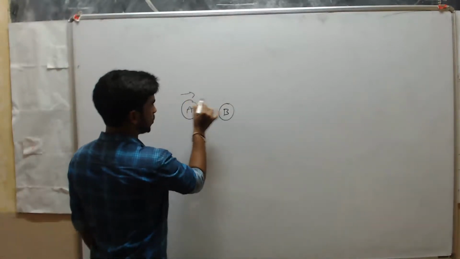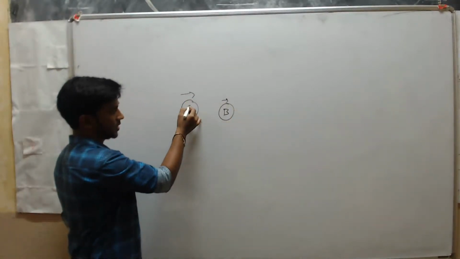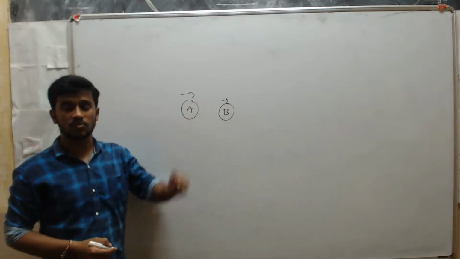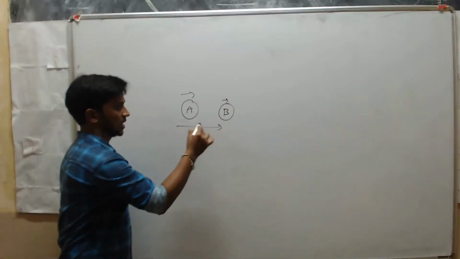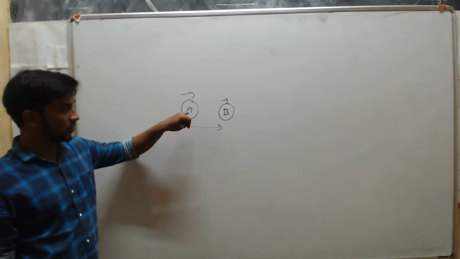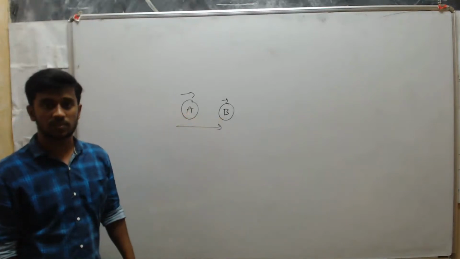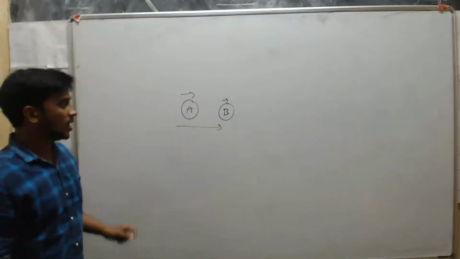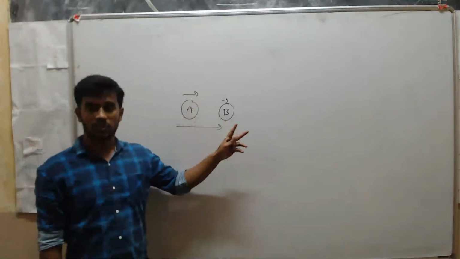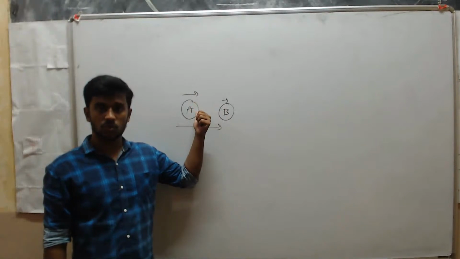Just imagine both are moving in a straight line. Its velocity is greater than object B, so the speed of object A is greater than the speed of object B. After some time, definitely both will collide with each other because its velocity is more.